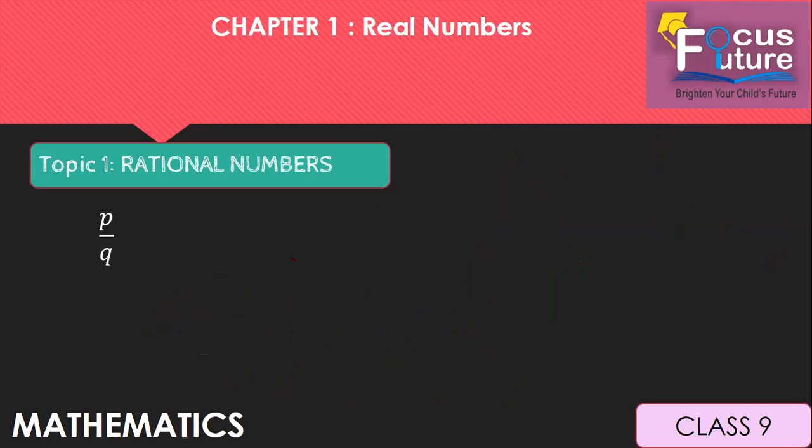Now, if I have to represent, let's say for example, 2 by 3 on the number line, right? This is your 0, this is your 1, and this is your 2.